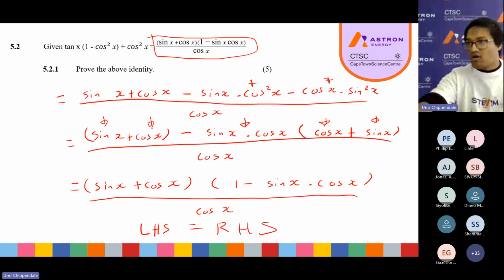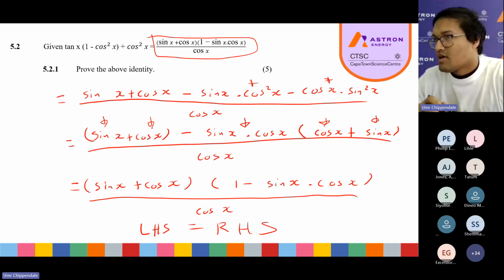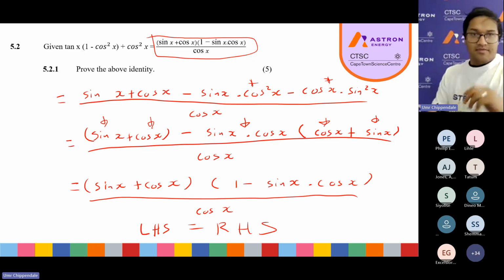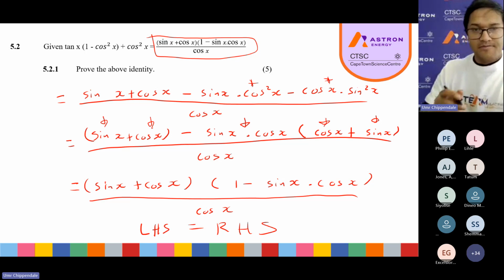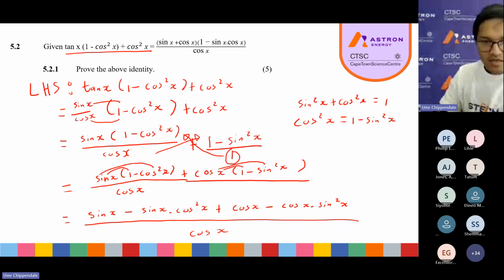Now, everyone got that? So may you please repeat how you got to sine x plus cos x in line 1? In this particular one over here, I think you mean? Oh, sine x plus cos x, you mean that section over here. Here we're going to say this part. I moved it around.